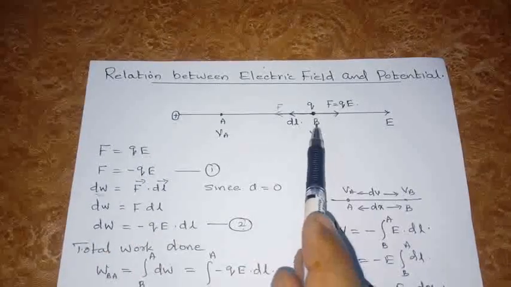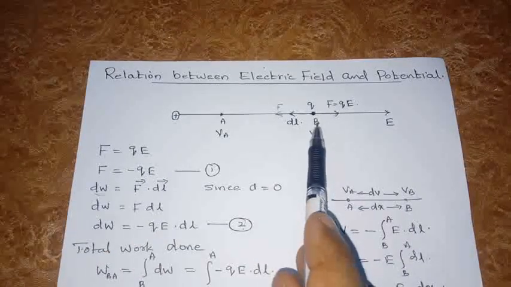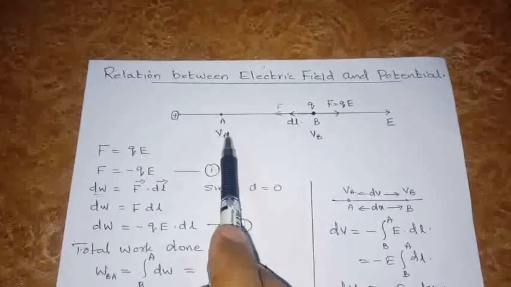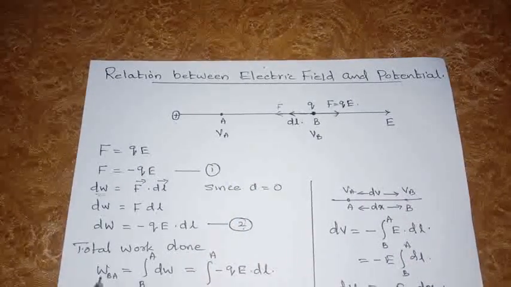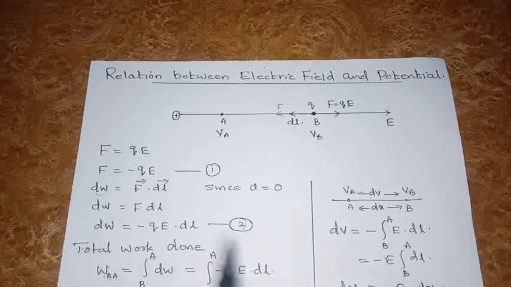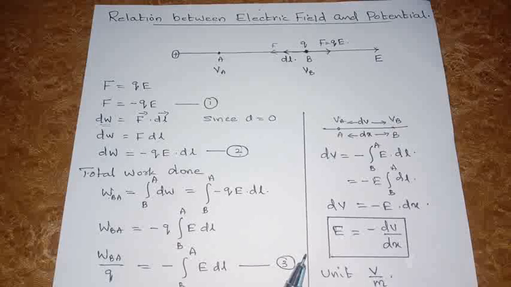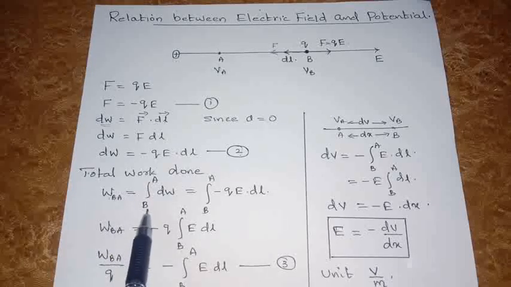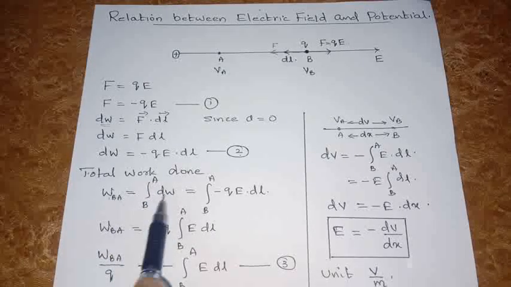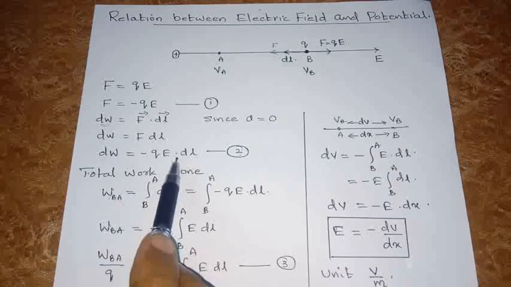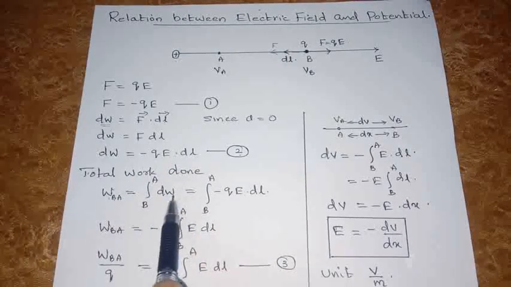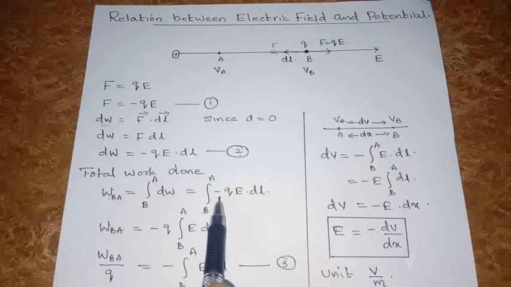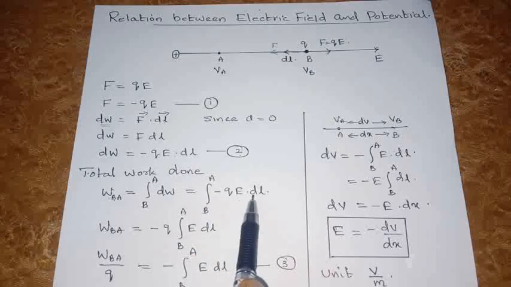My aim is to find the total work done in order to move the charge Q from B to A. How can I find the total work done W B to A? The total work done can be obtained using the method of integration. So using integration, the total work done WBA can be written as the integral from B to A of dW. Substituting dW, which is minus QE dl as we already obtained, we get the integral from B to A of minus QE dl.